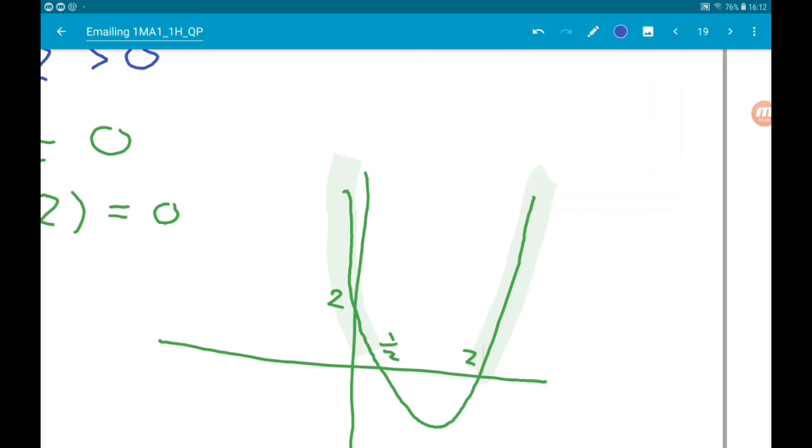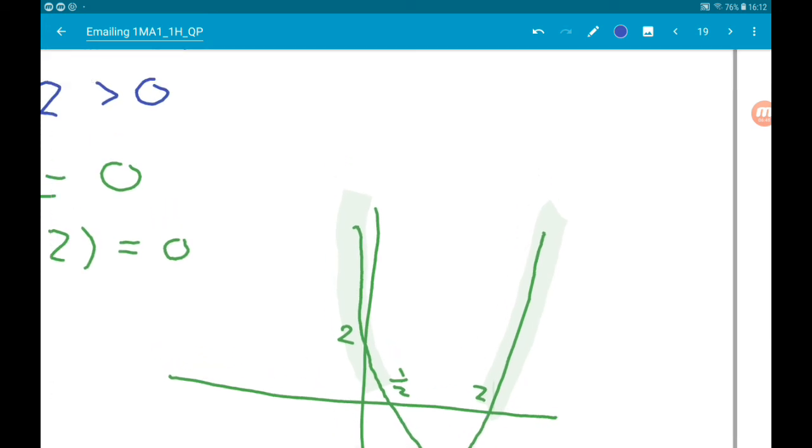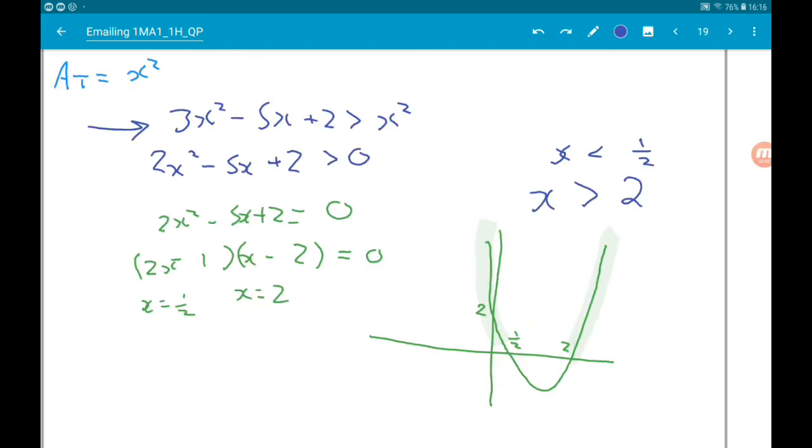So the x values that produce those parts of the graph are x is less than 1/2 or x is greater than 2. Now then, even after all that, you might think we've definitely earned all 5 of these marks.